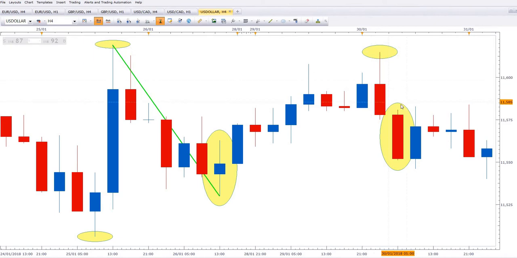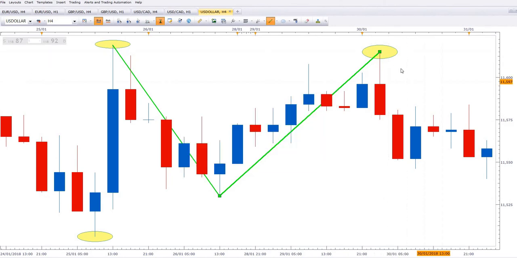So we can say that the price has come down to this point, then it's gone up to this point. Then it was down, sideways, sideways, sideways, sideways, down. So although it looks like a little up movement, it isn't.